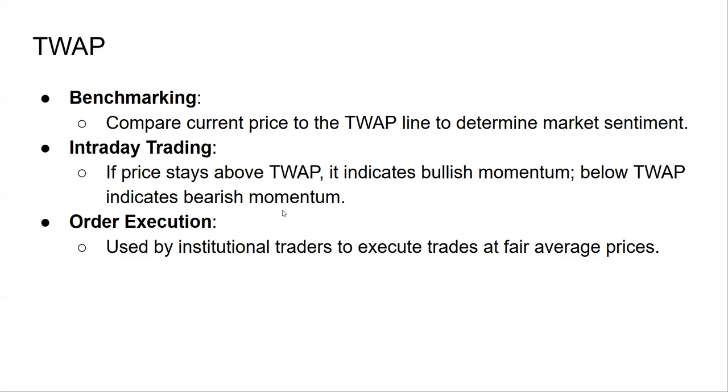Usually these are used by institutional traders to execute trades at fair average prices. Actually, institutional traders have multiple orders split into many pieces. So they will look at this TWAP fair average price, and they will execute at that level.